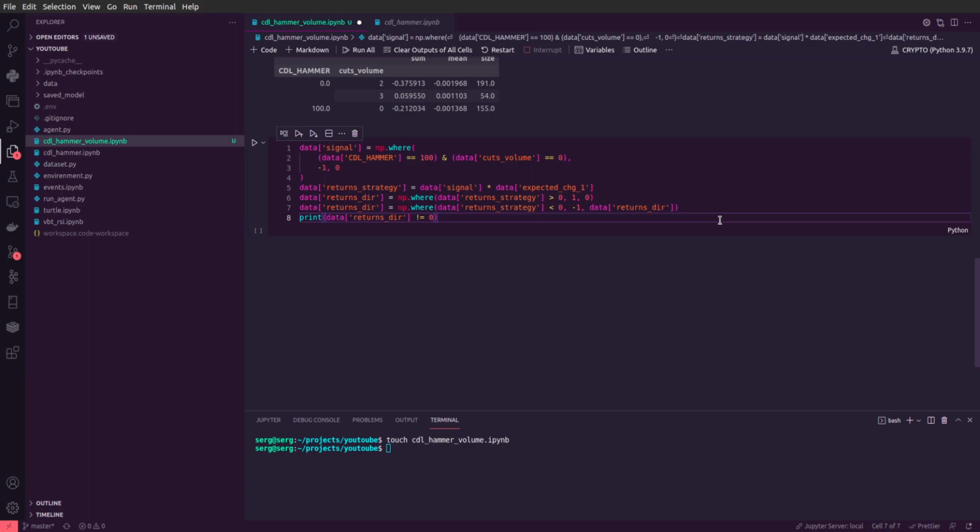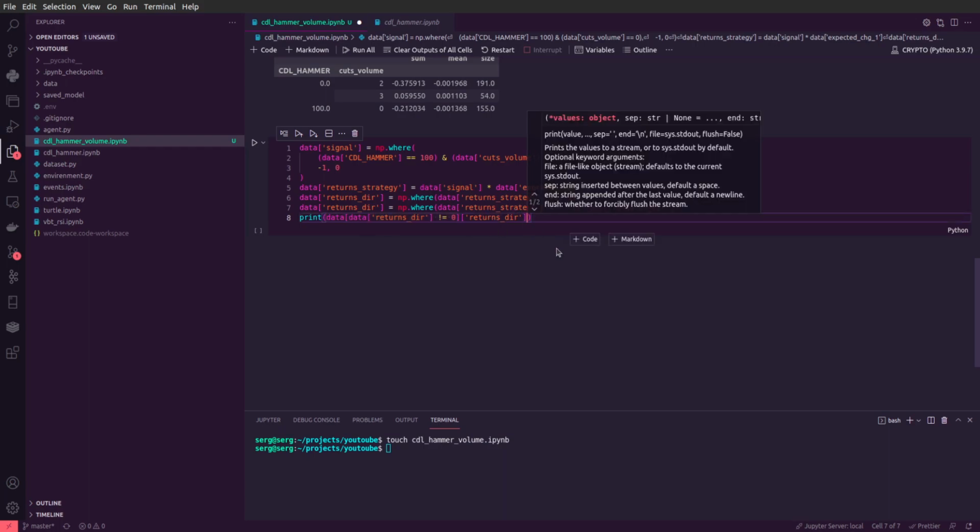I would like to take returns dir, so I input these cases and we do some filtering of the pandas data frame, and I would like to get these columns.